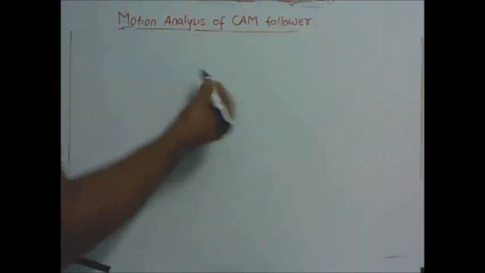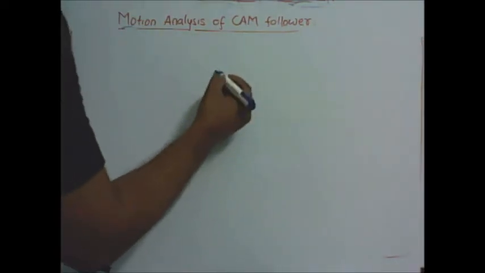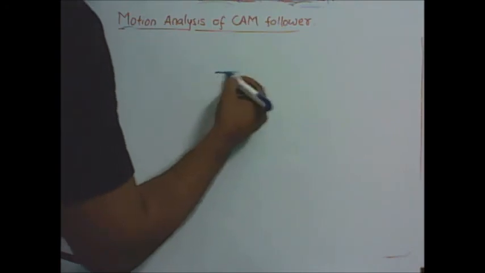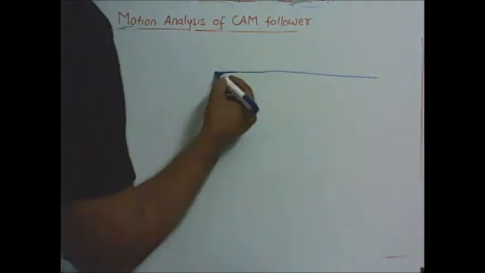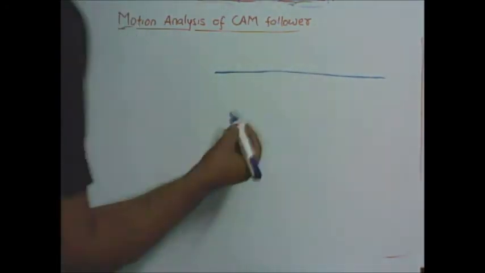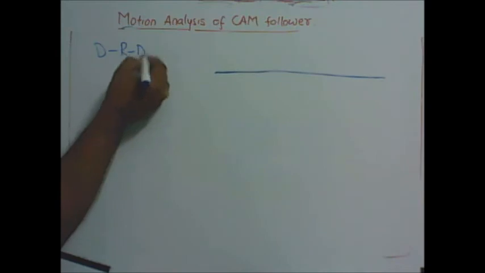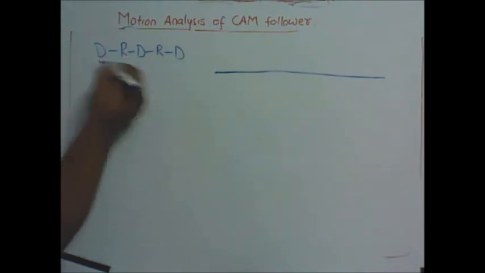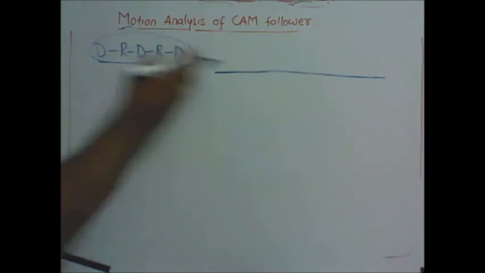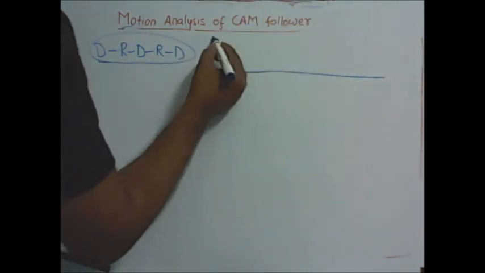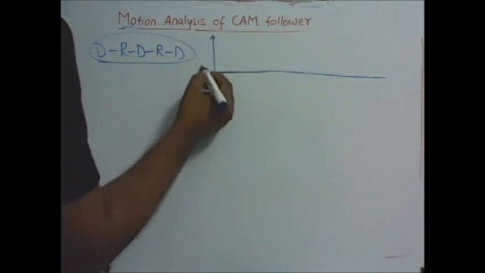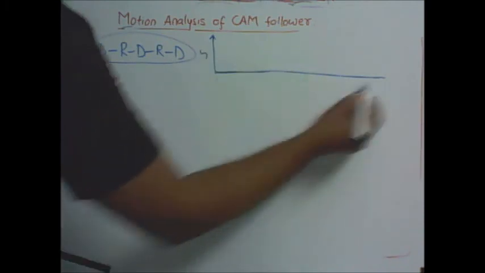So coming to the simple harmonic motion total analysis in one step. First we will have the displacement curve. As I have already told, we will generally use dwell-rise-dwell-return-dwell type cam followers, which are generally symmetric with respect to rise and fall. So the first one is the displacement S curve.